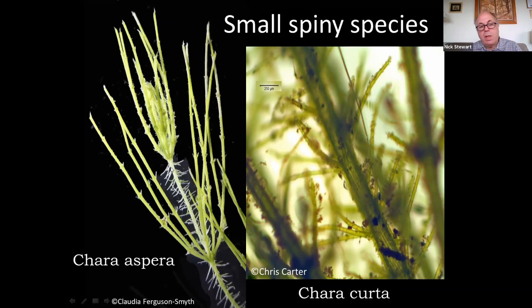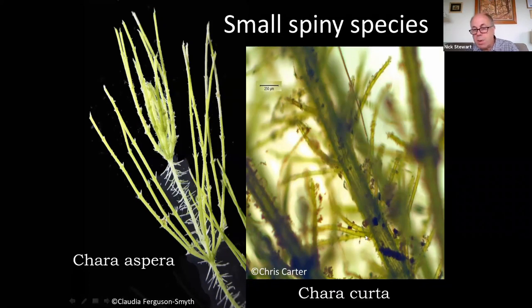Simply the difference is that in Chara aspera, the spines come out singly from the stem, whereas in Chara curta, you can see here, it's a little bit blurred, this picture, but you can see a little cluster of spines coming out together.